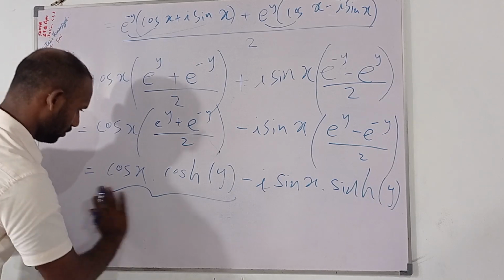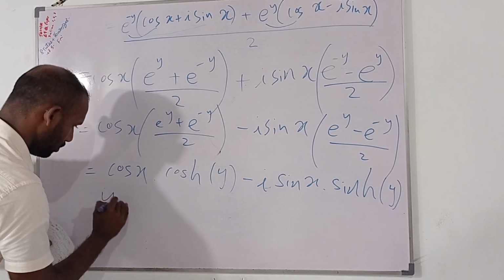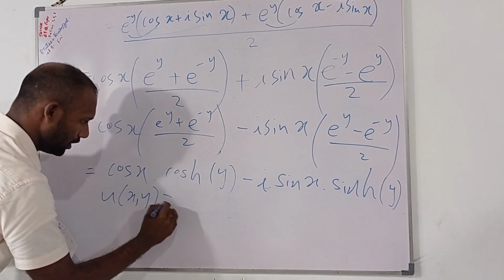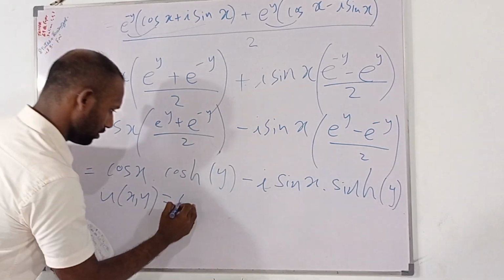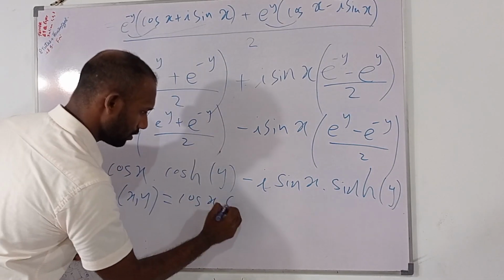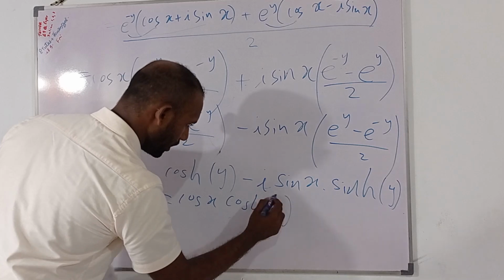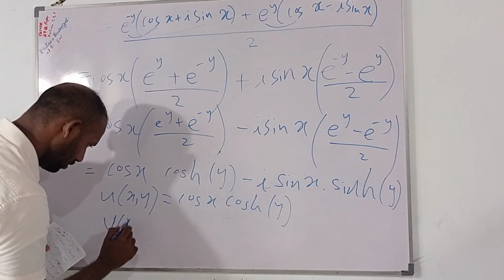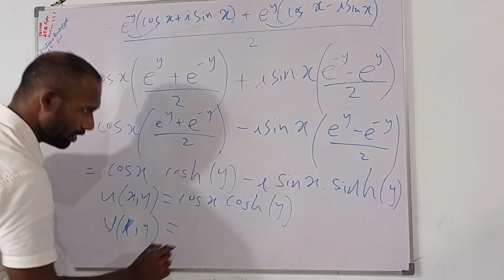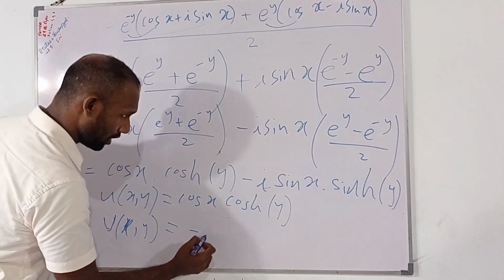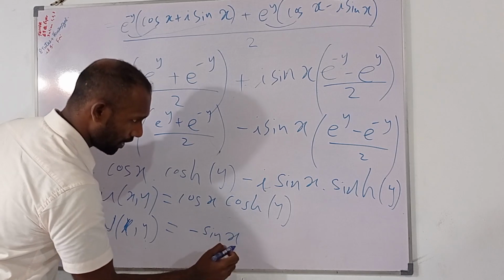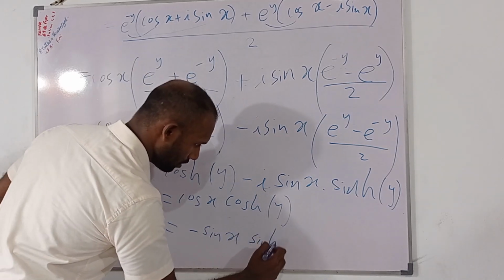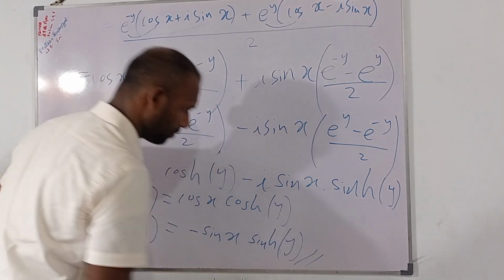So u(x, y) equals cos x cos y, v(x, y) equals minus sin x sin y.